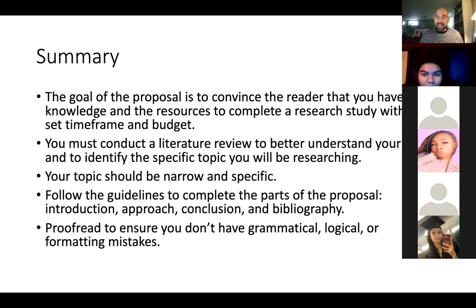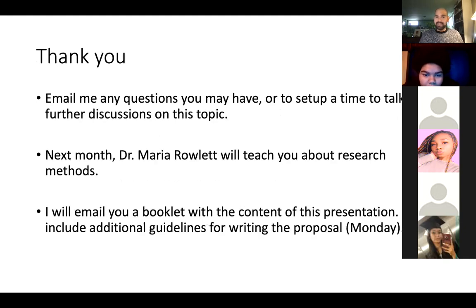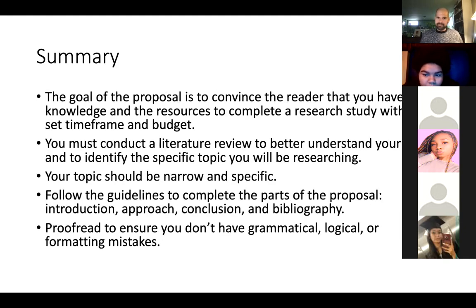Your project should be narrow and very specific. You should follow the guidelines to complete the parts of the proposal, which are the introduction, the approach, the conclusion, and the bibliography. And then make sure that you have enough time to proofread and don't have grammatical, logical, or formatting mistakes.